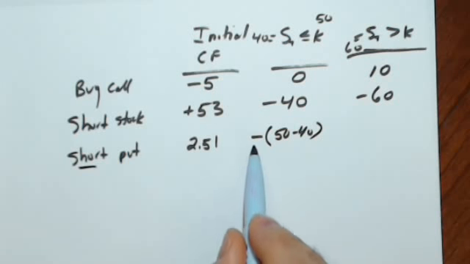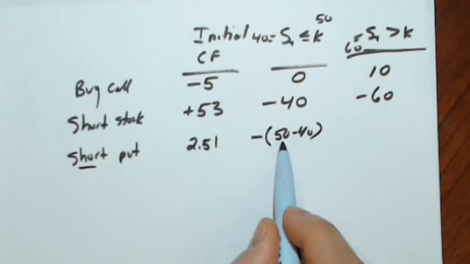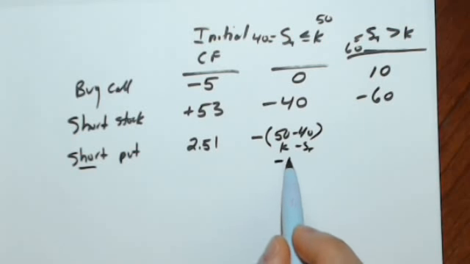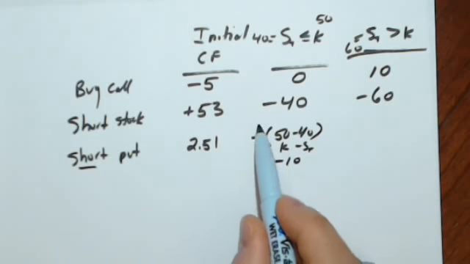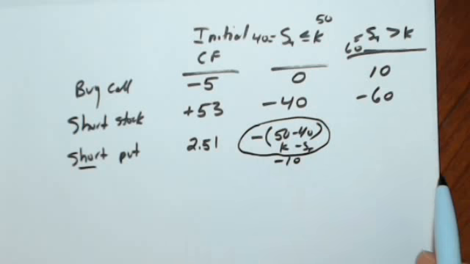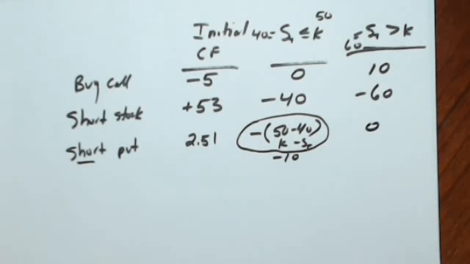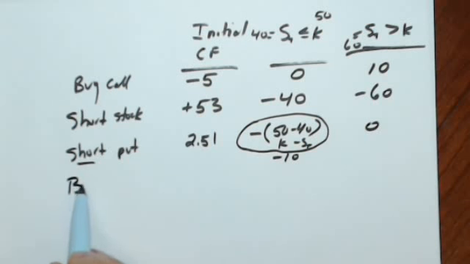Remember, we're short, so you have to put the negative sign in front of the payoff, which is K minus ST. This is going to be minus $10. This whole component is worth minus 10. The option is out of the money when the stock is above the strike. Now we're going to buy a bond.